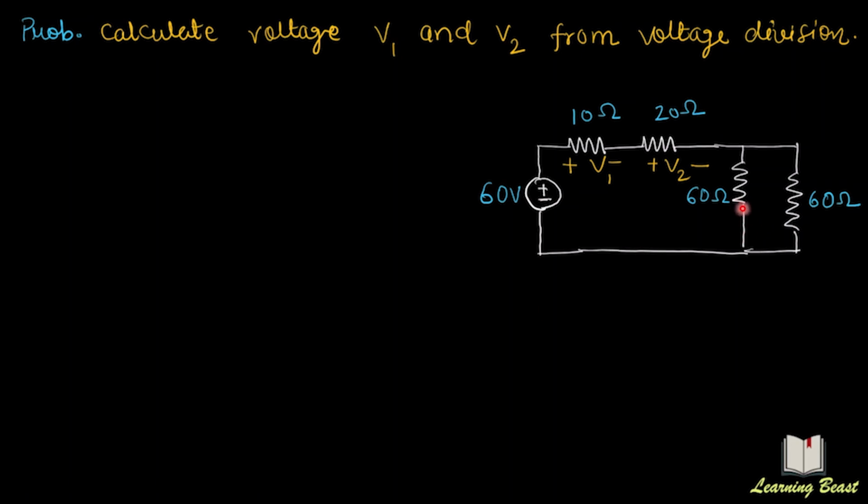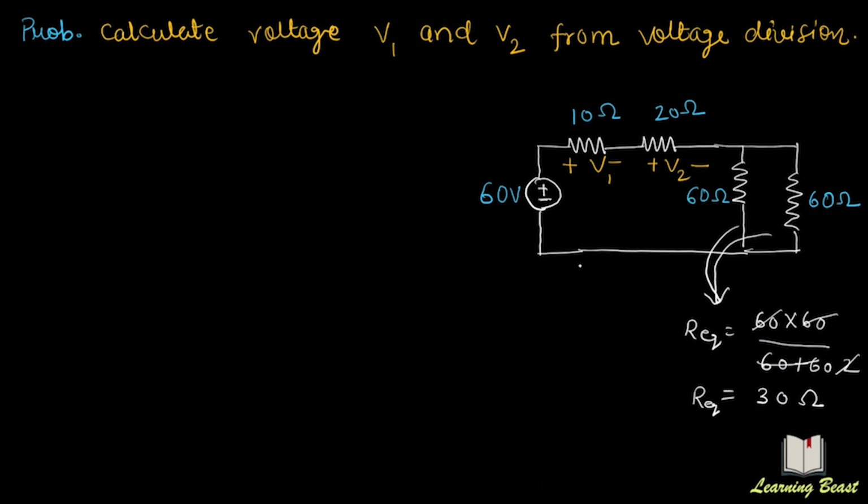As these two resistances are in parallel, the equivalent resistance is equal to R1 into R2 divided by R1 plus R2. So 60 into 60 divided by 120, that is 30 ohm.